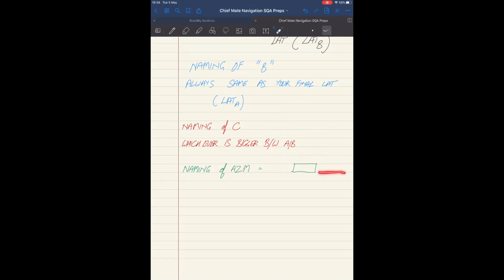And this direction, east or west, depends upon in which direction we were moving. We were actually moving from A to B, but when we were solving for calculating the final course, we assumed to move from B to A. So this comes from the direction where we are actually moving.